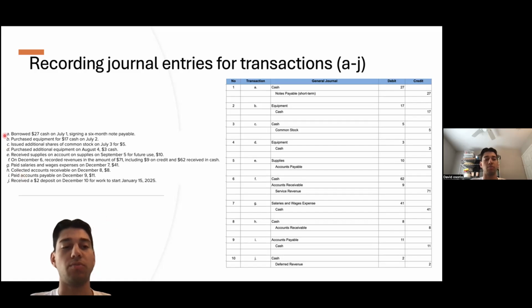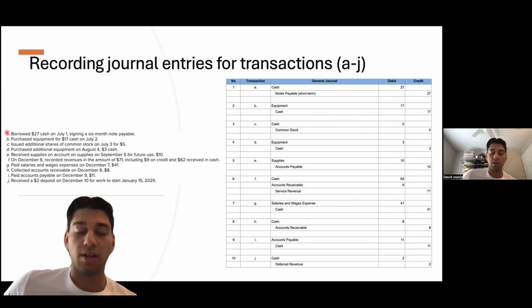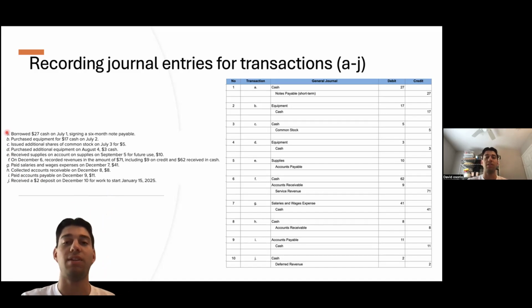So we're going to start with A. We borrowed $27 cash on July 1st, signing a 6-month note payable. Since we know the accounting equation is assets equals liabilities plus stockholders' equity, cash is part of assets, so it's on the left side of the accounting equation. So you can increase that account by debiting the account.